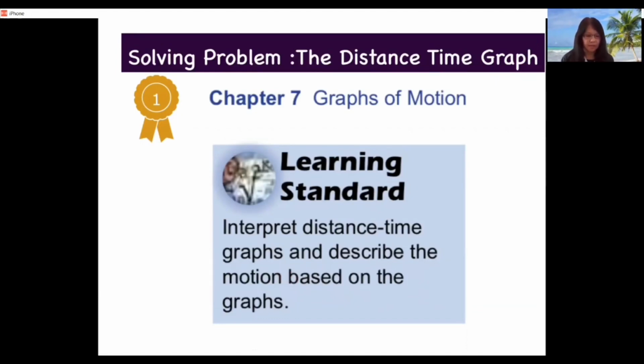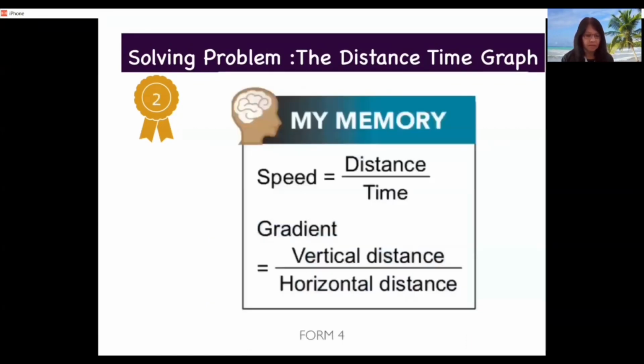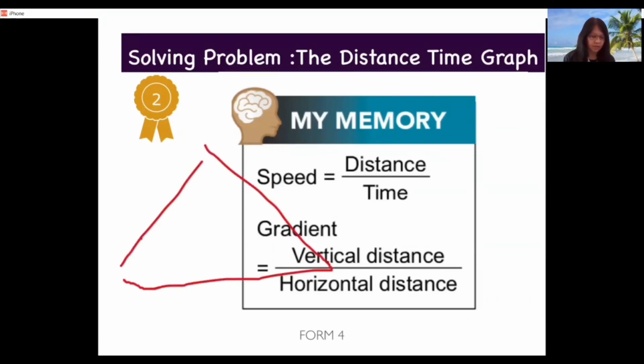During your Form 2 or Form 3, your teacher always liked to ask who likes to sleep in the class, isn't it? So the teacher introduced this formula to you: "Dia suka tidur."